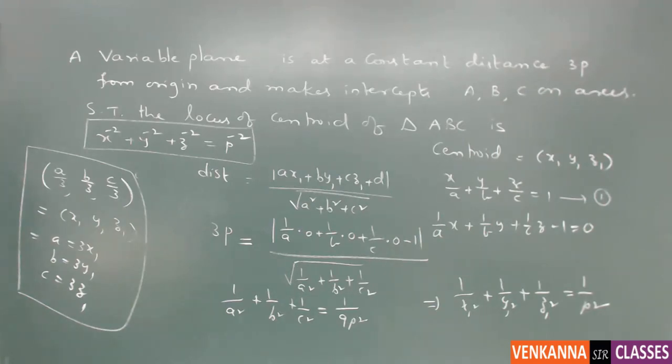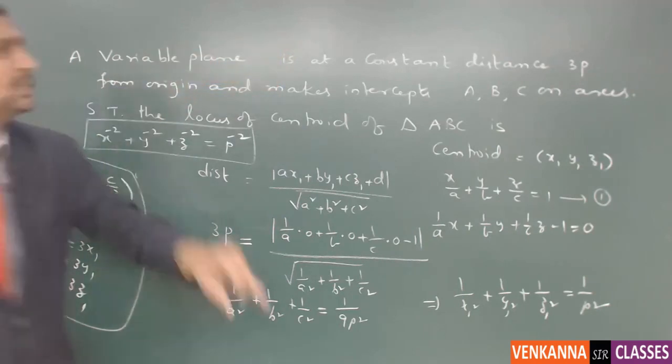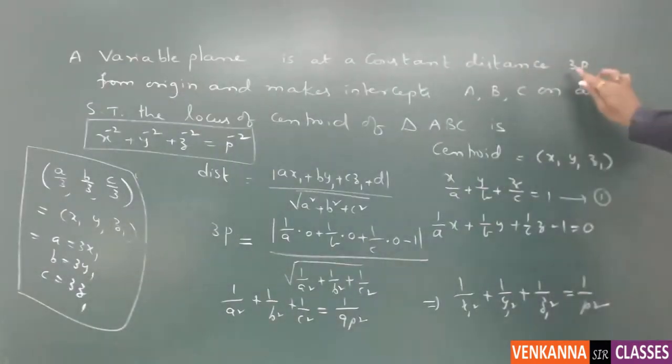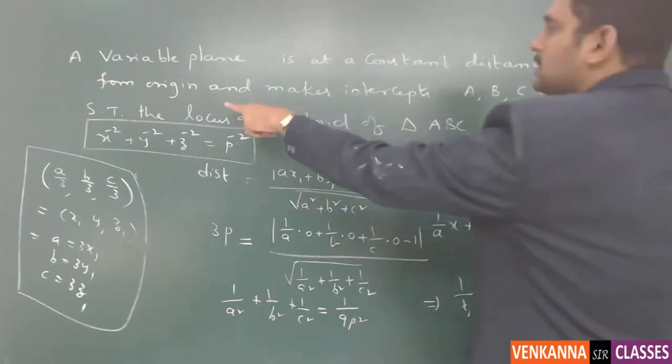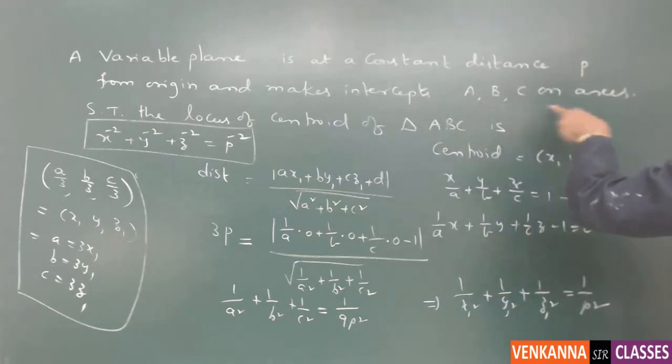Fine. A similar kind of question is also given, so I will give it as an assignment for you, very simple. A variable plane is at a constant distance, take it as p, instead of 3p, from the origin and makes intercepts A, B, C on the axes.